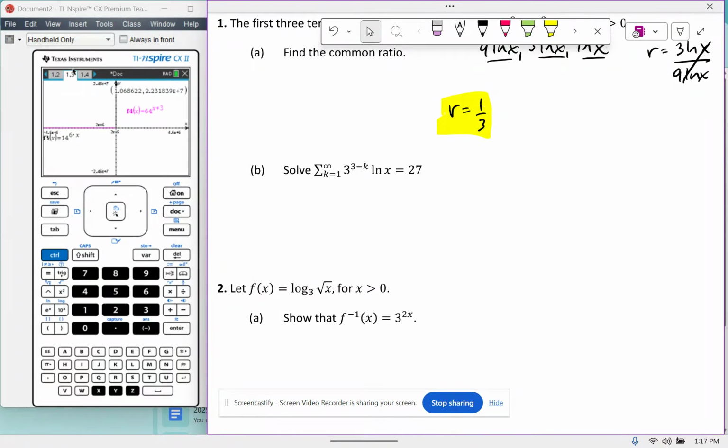I'm starting when k is 1, and I'm going until forever, right? So I've got an infinite geometric series, right? If only I could pull out the structure of this thing's terms, then I could find the unknown x that will get me to a final sum of 27.